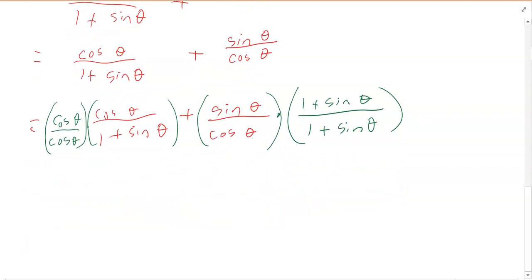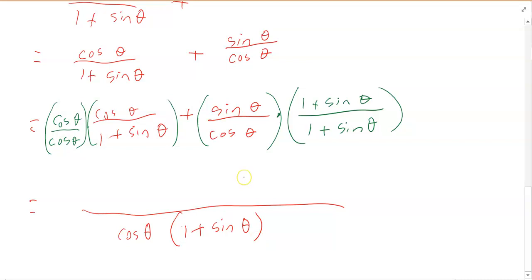And so now we have a common denominator in all of this, which is cosine of theta times 1 plus sine of theta. Okay, let's distribute everything in the top part.